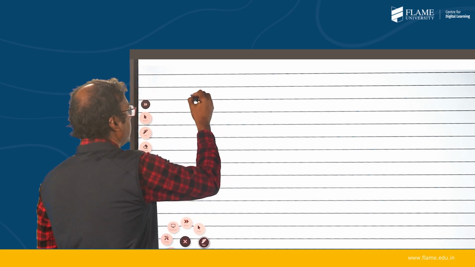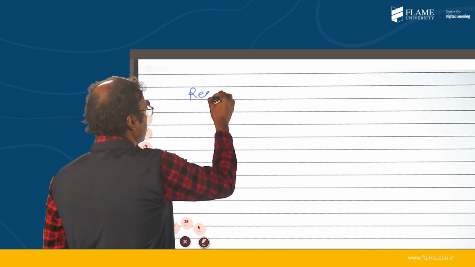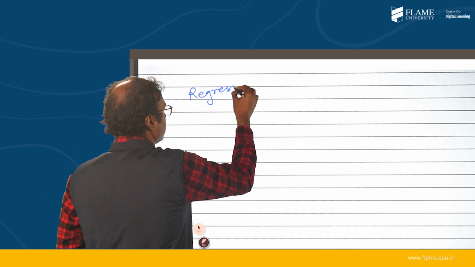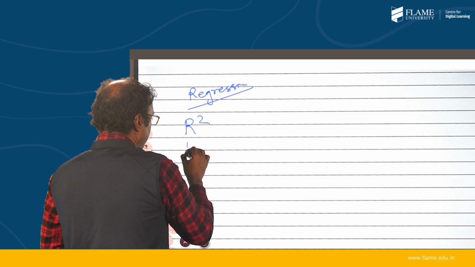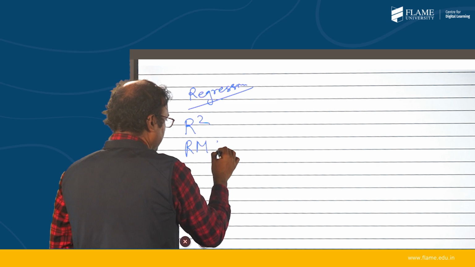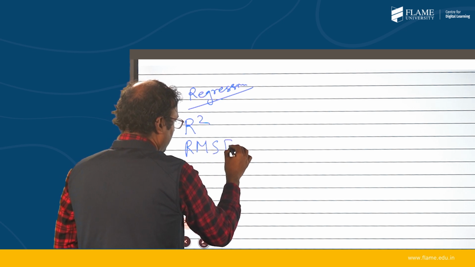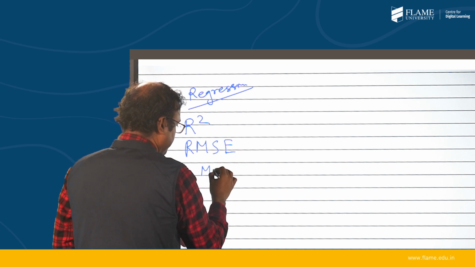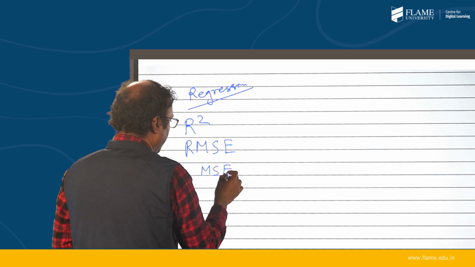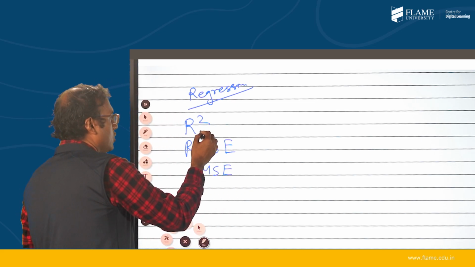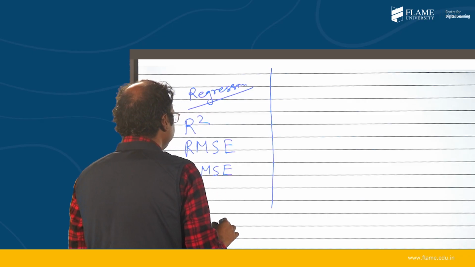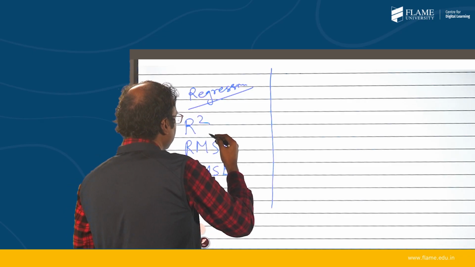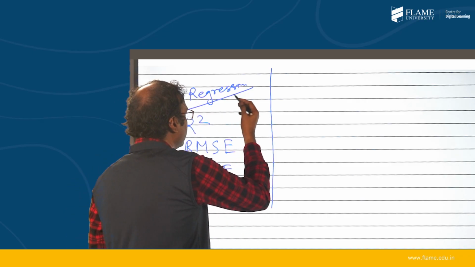In case of regression, you have to use R square, RMSE, or MSE. So mean square error or root mean square error or coefficient of determination for determining the prediction capability of the particular model.